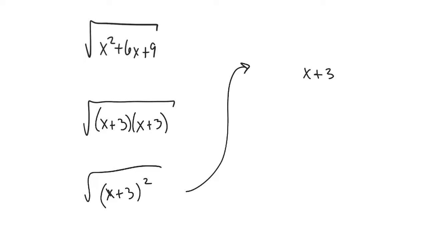Absolute value. Okay? So think about it. If you square root x squared, it's just absolute value of x. So if you square root the quantity x plus 3 squared, it's just the quantity x plus 3 inside absolute value. Try it with numbers, like 3 squared, square rooted, gets you back to 3.